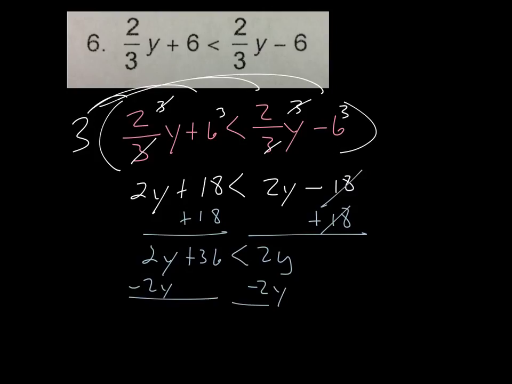Now, you've got to be careful here. When I subtract the 2y's, that leaves me with 36 is less than, now 2y minus 2y is 0. So when is 36 less than 0? Never. So this is no solutions.